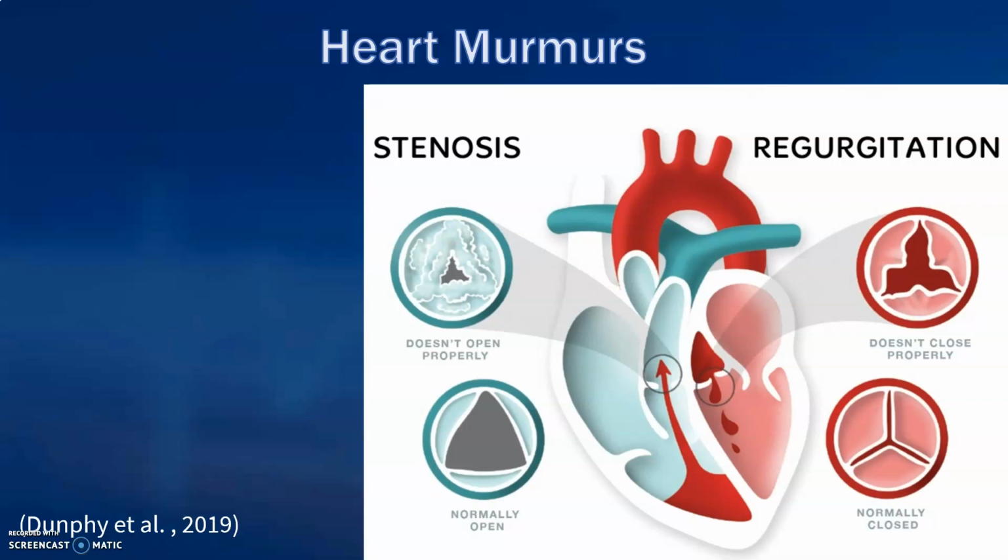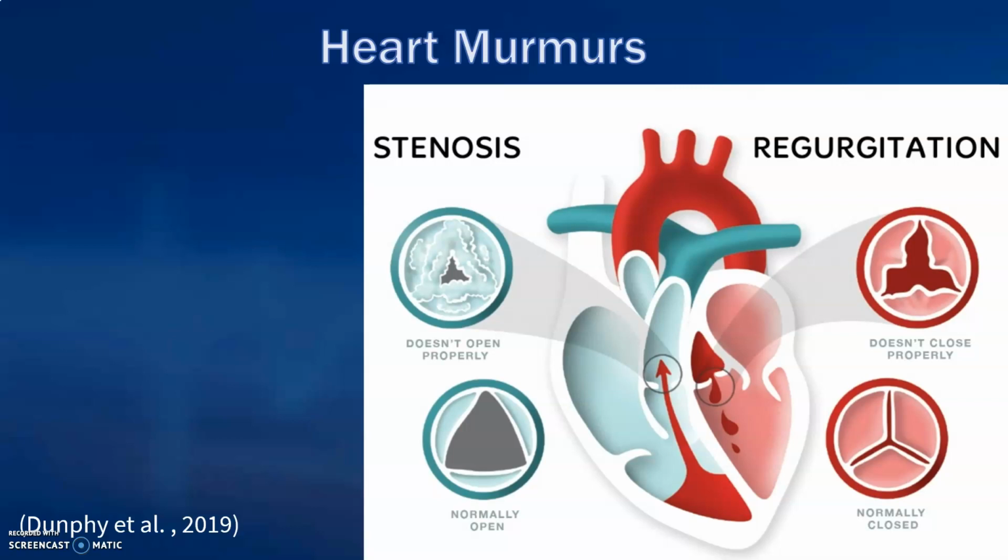And keep in mind, even though I'm saying aortic, it could be the mitral valve also. So what happens when it fails to fully close? This allows blood to leak backwards in a retrograde direction and produces a regurgitant murmur. So know that stenosis and regurgitation do create murmurs.